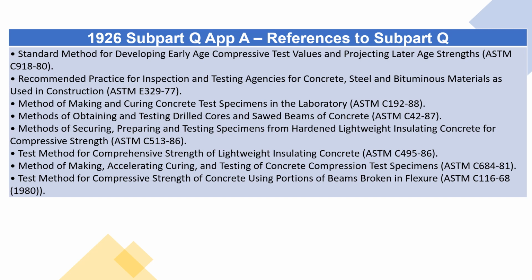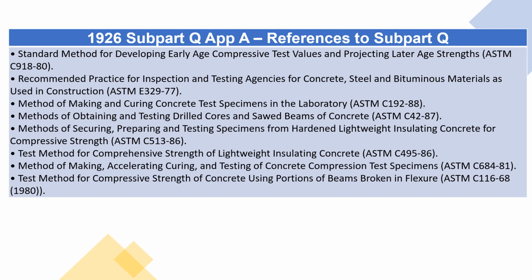Recommended Practice for Inspection and Testing Agencies for Concrete, Steel, and Bituminous Materials as used in construction, ASTM E329-77. Method of Making and Curing Concrete Test Specimens in the Laboratory, ASTM C192-88. Methods of obtaining and testing drilled cores and sawed beams of concrete, ASTM C42-87.